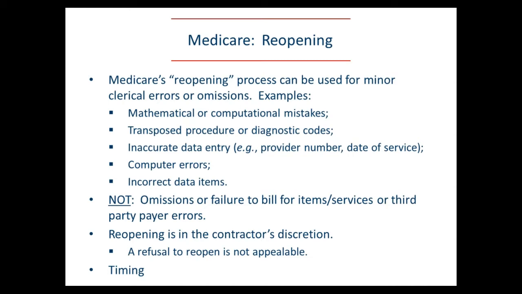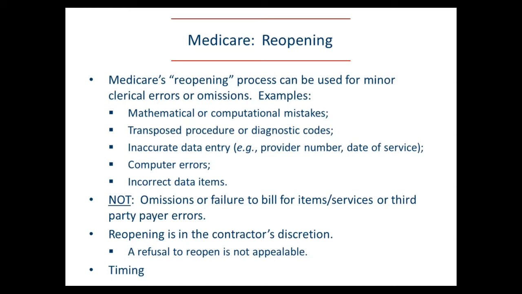The reopening process cannot be used to add additional services to a claim. That is the failure to bill for items or services. And it can't be used for third-party payer errors, the secondary payer process.